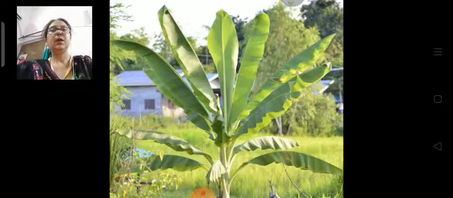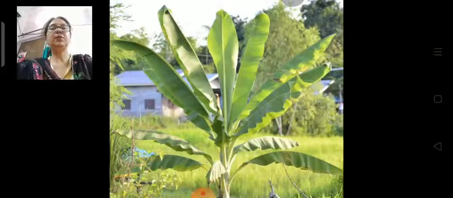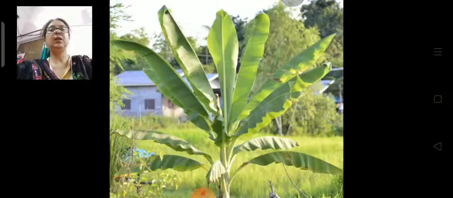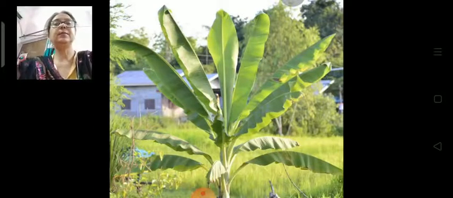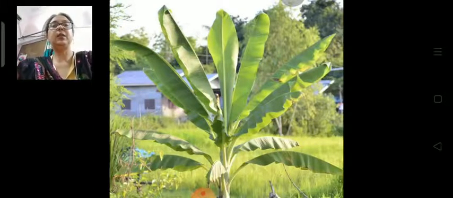A large flower spike carrying numerous yellowish flowers protected by large purple-red bracts emerges at the top of the false trunk and bends downward to become bunches of 50 to 150 fruits, in clusters or hands of 10 to 20.